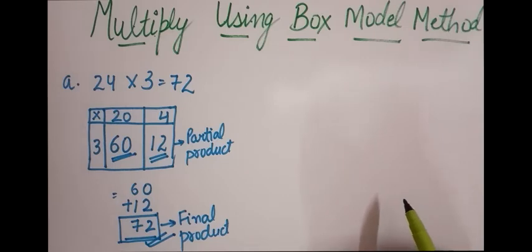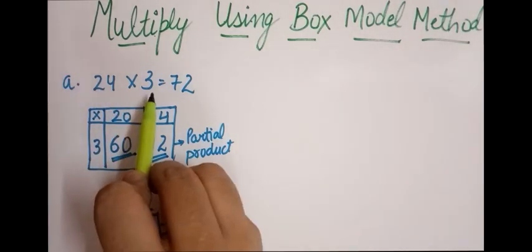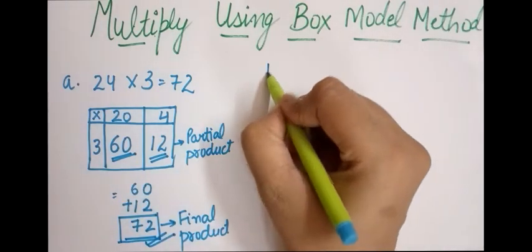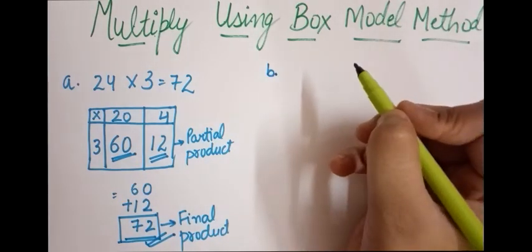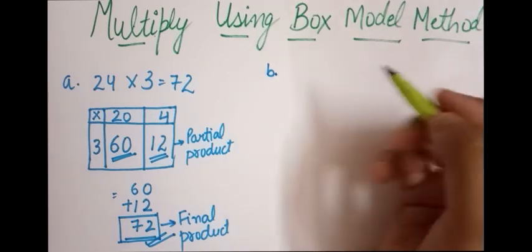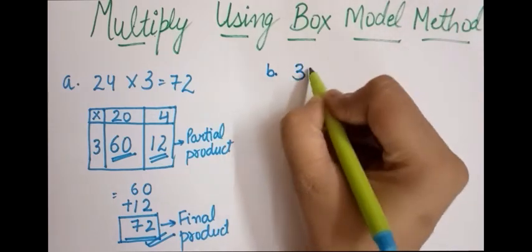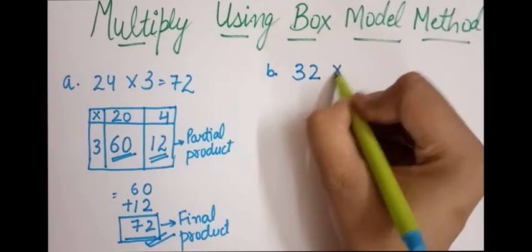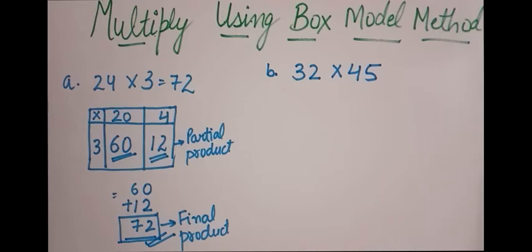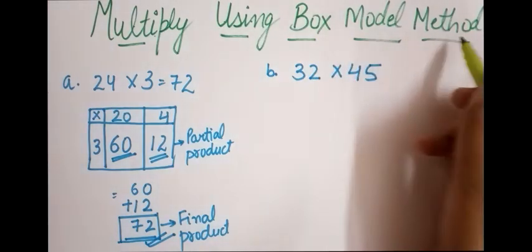In this we have done 2 digit by 1 digit multiplication. Now let's see how we can multiply a 2 digit by a 2 digit number using the box model method. So let's begin. Here I'll take 32 multiplied by 45. Again we are using the box model method here.